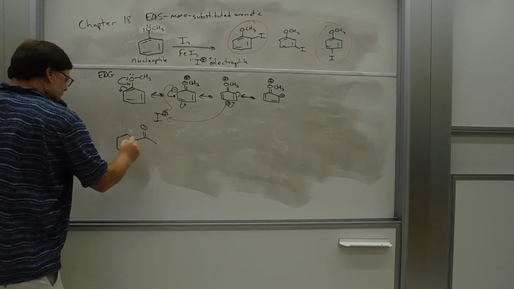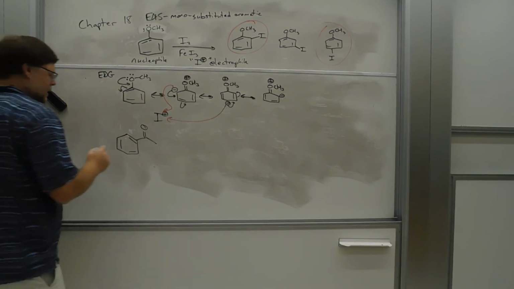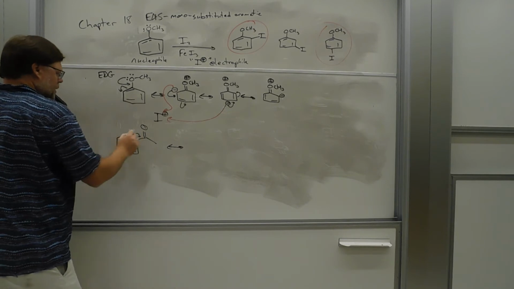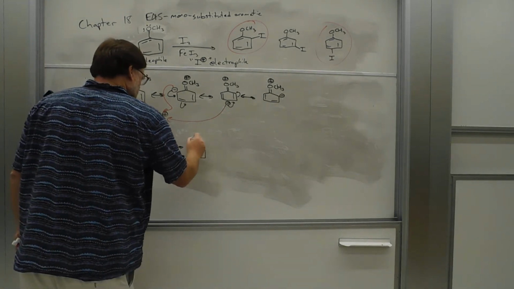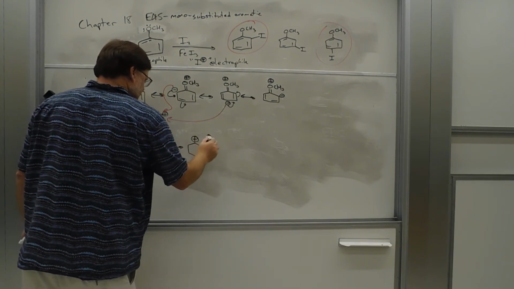I did this example with the electron donating group and electron withdrawing group. If we draw these resonance structures, we wind up with carbocations.